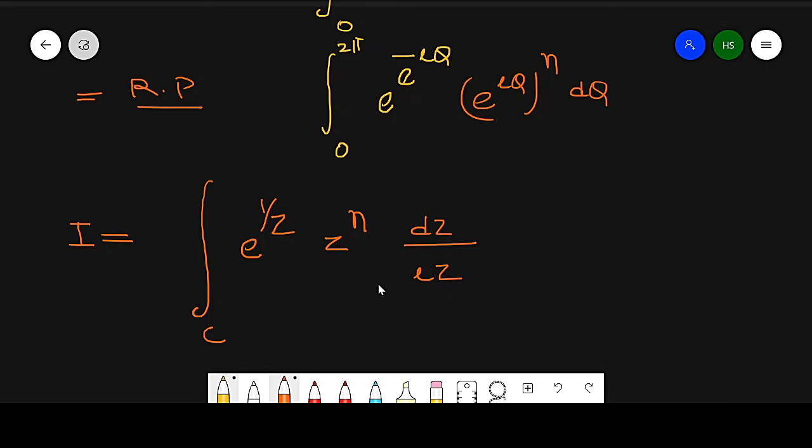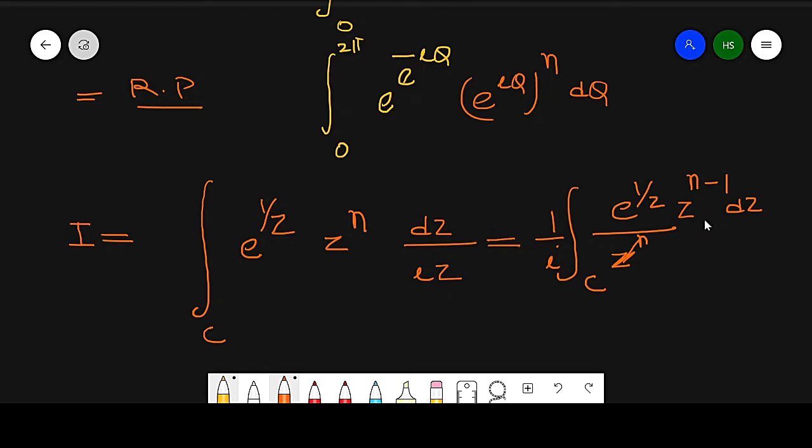Now I write this integration as e raised to power 1 by z over z raised to power n minus 1, into dz, around C, and this is 1 by iota, outside. Now this function has singular point z equal to 0.